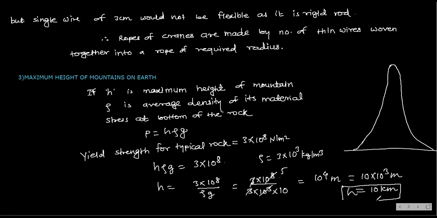So maximum height should be 10 kilometer. But it is greater than Mount Everest, right? Mount Everest height is how much? 8.9 kilometer. Yes, this is the practical value, and that is the theoretical value.